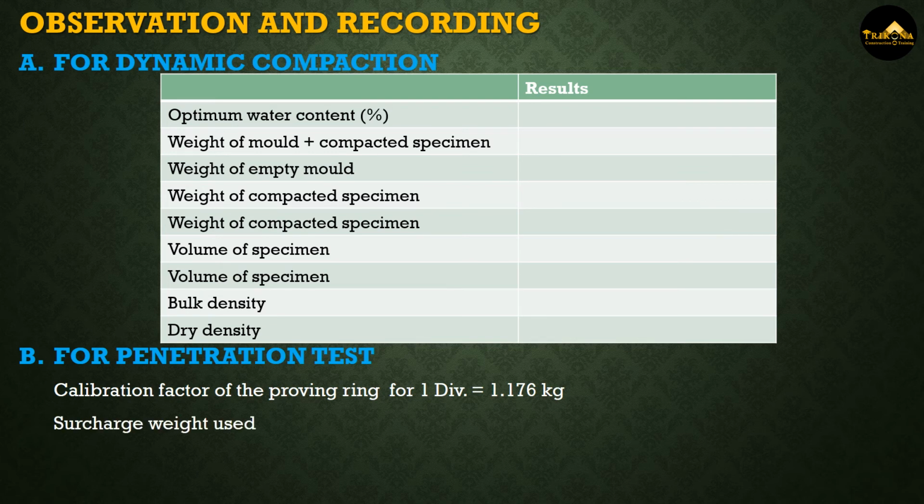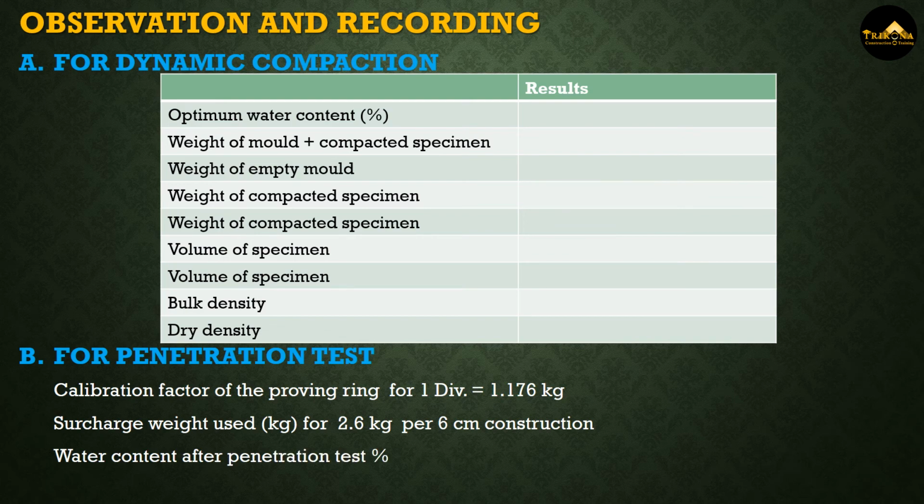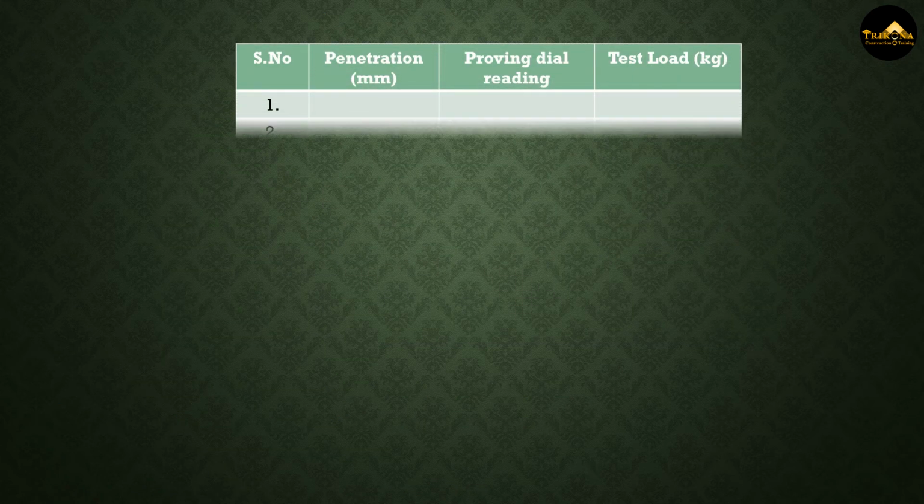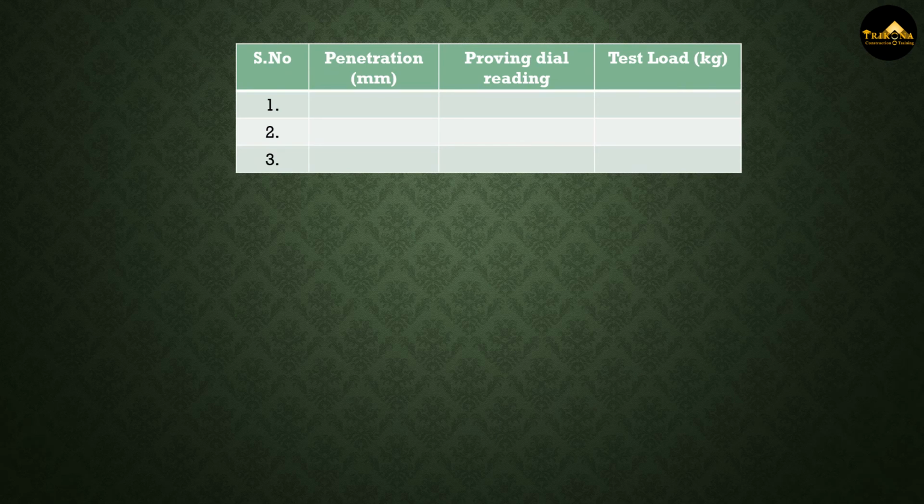Surcharge weight used, kg, for 2.6 kg per 6 centimeters construction. Water content after penetration test, %. Least count of penetration dial is 1 division, equals 0.01 mm. After finishing the procedure, the load corresponding to penetration values is calculated by using proving ring readings.